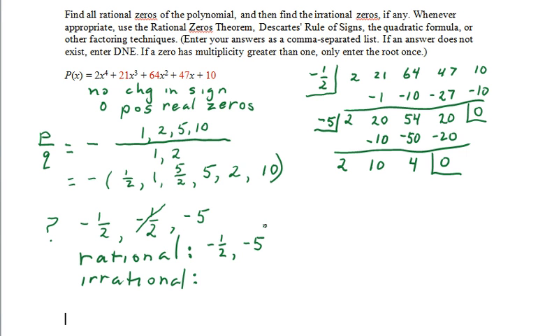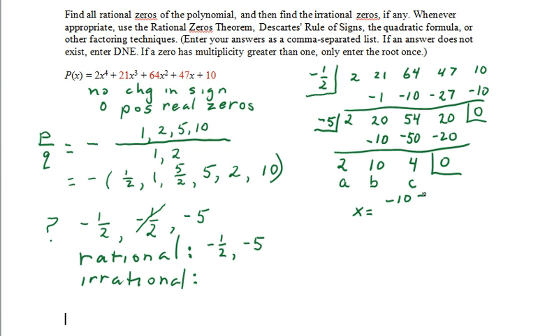We now have a quotient which represents a quadratic function. The leading coefficient a is 2. The coefficient of x is b. It is 10. And the c, the constant term, is 4. So let's find the zeros of that quadratic using the quadratic formula.